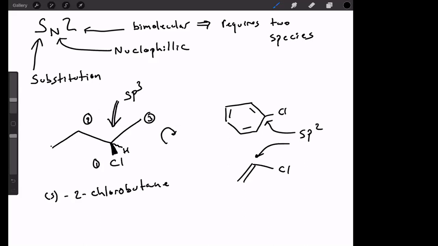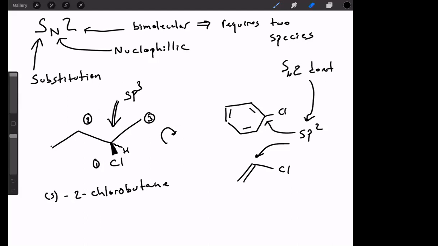And there's an important concept that you're going to need to remember in the course, and that's that Sn2 reactions don't occur at sp2 carbons. So really what we're going to be focusing on is sp3 carbons and the reactions that happen there.